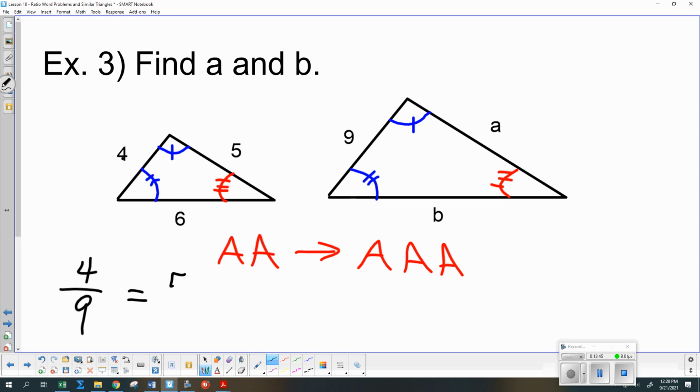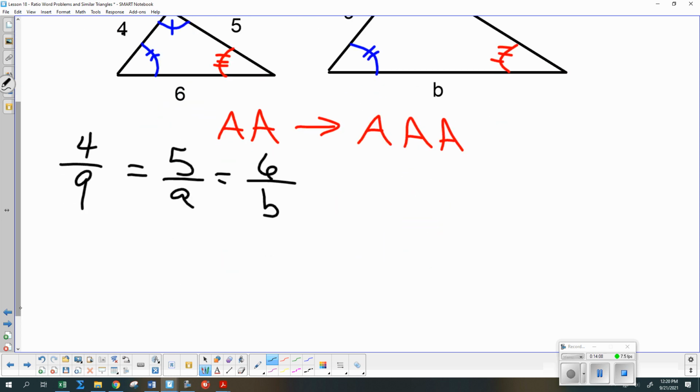Then I'm going to do 5 on my left triangle. It is across from the 2 blue tick marks, and a is across from the 2 blue tick marks. That leaves me on the left 6. It's across from 1 blue tick mark. Lowercase b is across from 1 blue tick mark. That's what I need to solve for a and b.